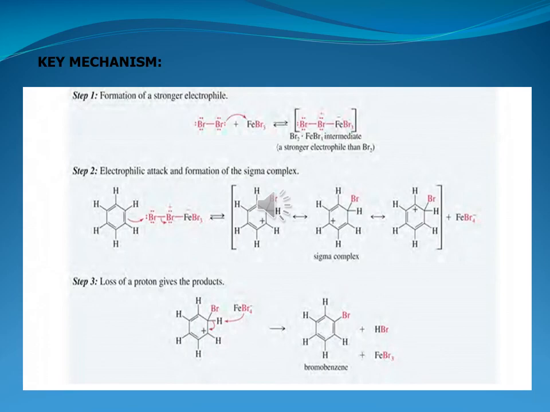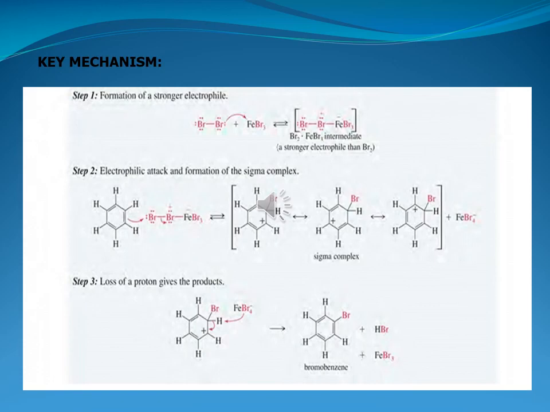Let's see all the steps in detail. With iron bromide as a Lewis acid, we can mix bromine with iron tribromide to give us bromine as an electrophile, which is a much better electrophile than bromine alone. Bromination is achieved with the help of iron tribromide, the Lewis acid, as it polarizes the bromine-bromine bond.